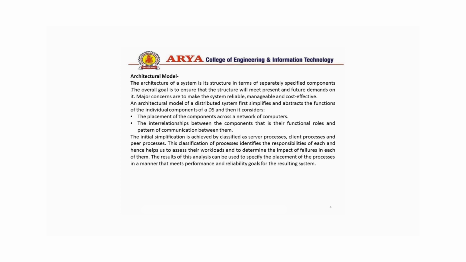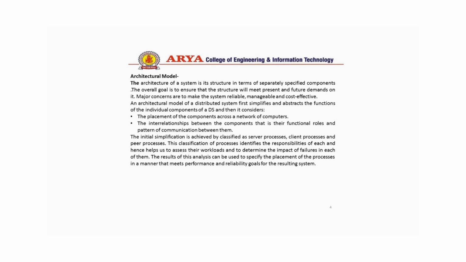So first of all, it identifies the various components in a system, then the interrelationships or the connectivity between them, how they are connected, what should be the flow of information, etc. The initial simplification is achieved by classifying the processes as server or as client or as peer.